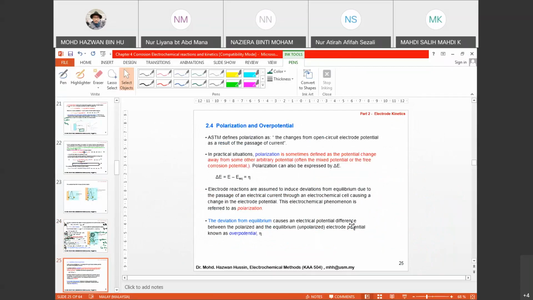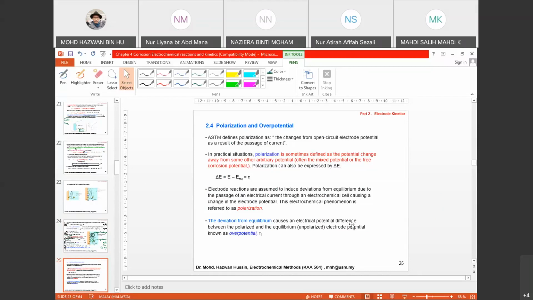Okay, polarization and overpotentials. I think we have explained a lot about polarization. So what is meant by polarization and overpotential? Polarization is defined as the change of open circuit potential as a result of a passage of current.